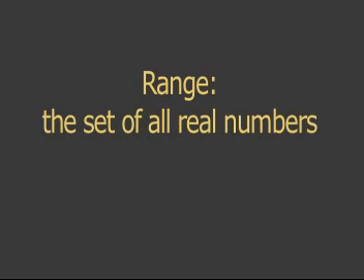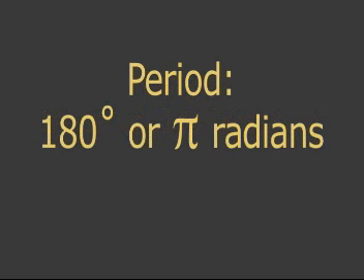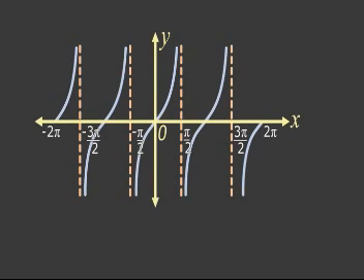The range is again the set of all real numbers, and the period of the tangent function is 180 degrees, or pi radians. And like the sine and cosine functions, because tangent is periodic, the graph can be extended to infinity.